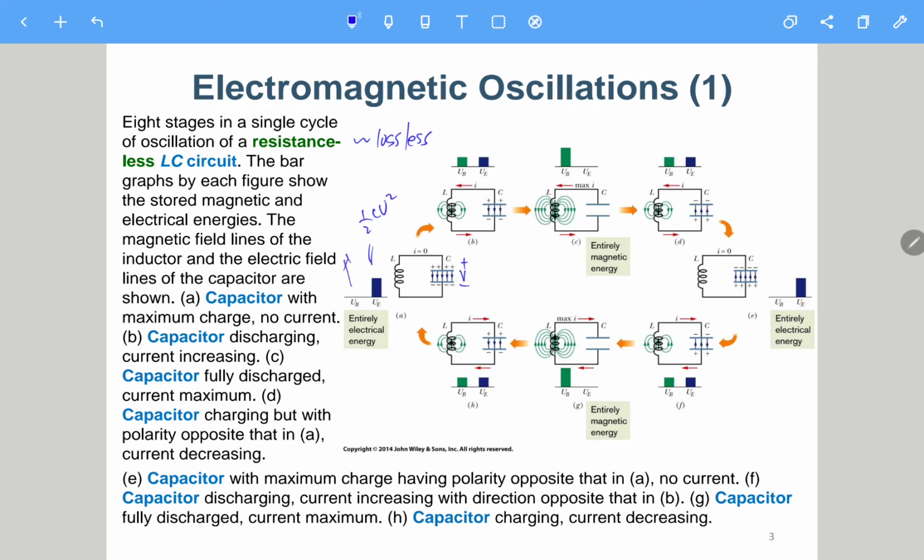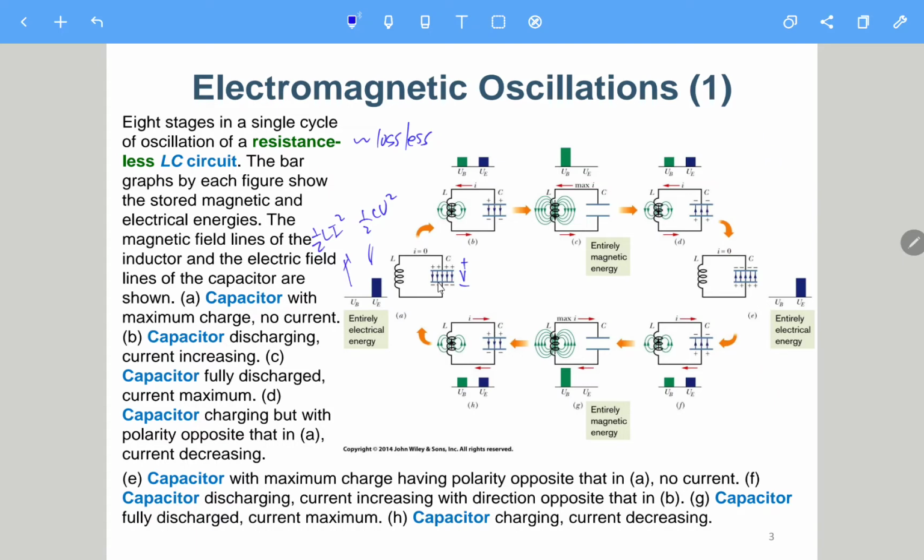And can you remember UB? UB will be half of Li squared. Initially we don't have any current, so there is no energy stored in the B field. So this is 0, and this is full, half of CV squared.